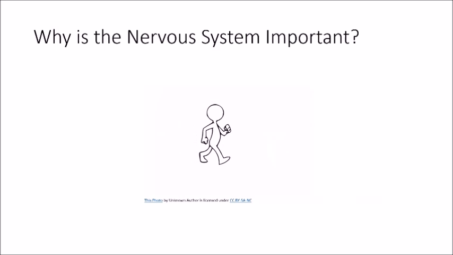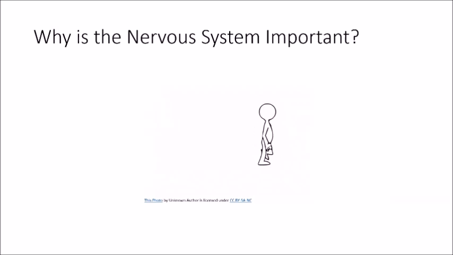So the nervous system is designed to help coordinate all these different activities going on inside of the body. Some of these might be an external reaction, where you have someone who's walking or physically doing something. But a lot of what the nervous system controls is happening on the inside of our body, such as our heart beating or our lungs breathing.